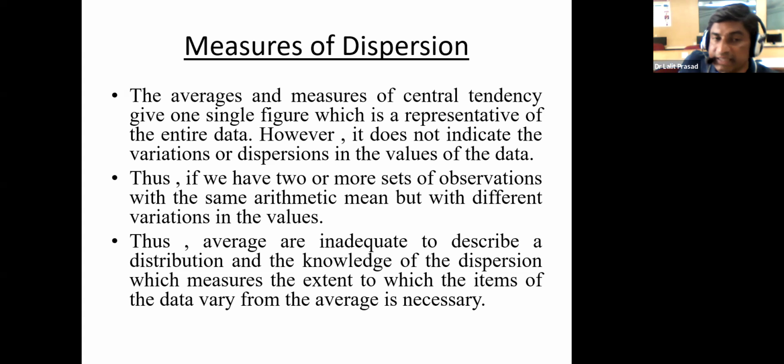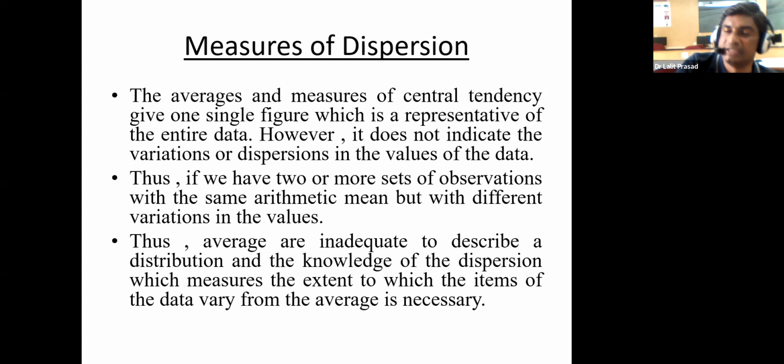Thus, if we have two or more sets of observations with the same arithmetic mean, as I gave 50-50, the same thing is written here, but with different variations in the values, thus averages are inadequate to describe a distribution, and the knowledge of dispersion, which measures the extent to which the items of data vary from the averages, is necessary.